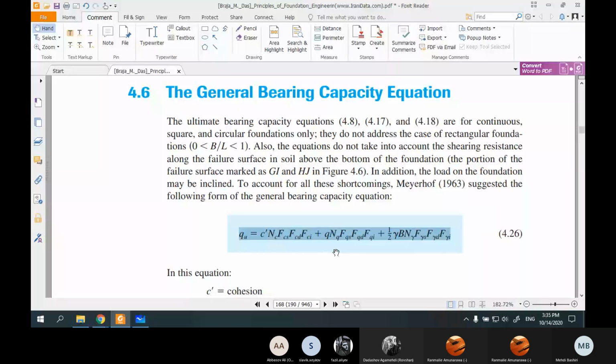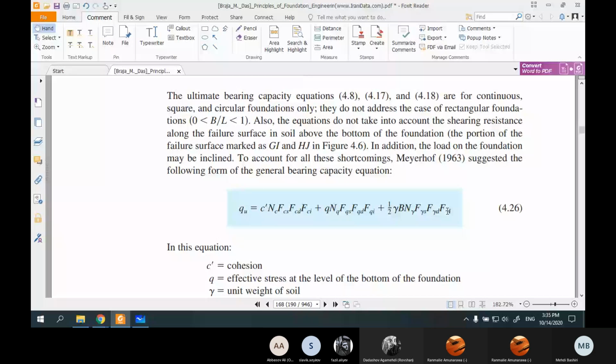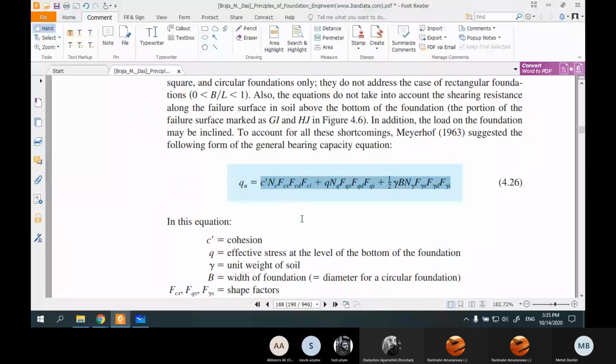It's not complicated, but it takes time to calculate the capacity. In many cases, these factors are 1 or 0, so depending on your case, you can simplify this equation. Anyway, let's see what they are.